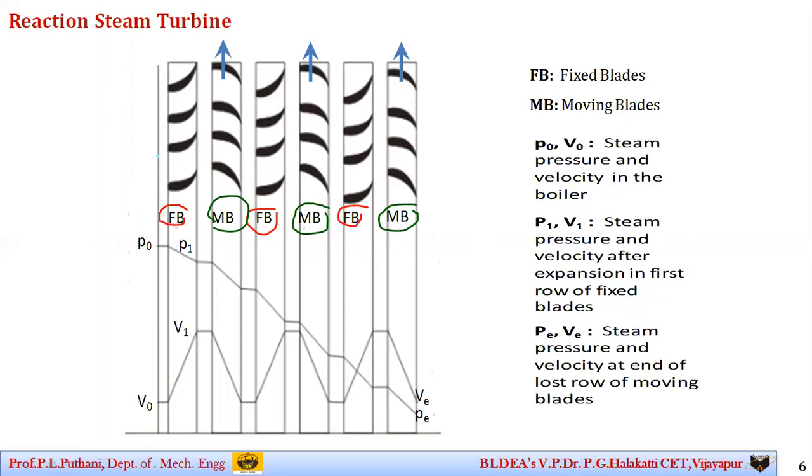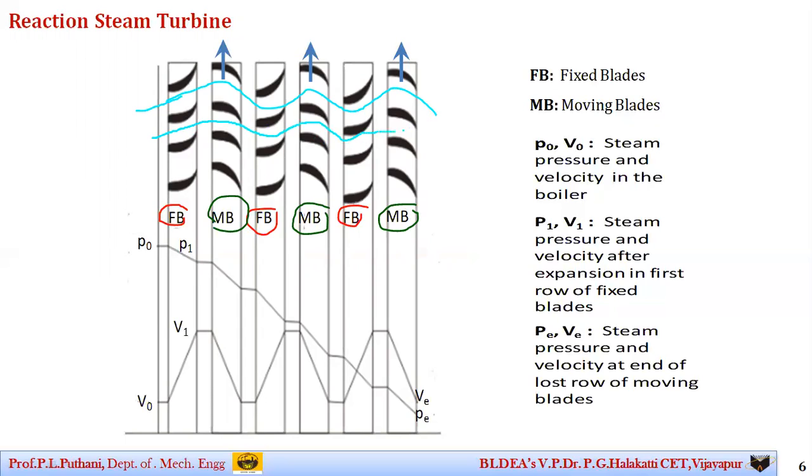Initially, the steam enters the fixed blades, passes through, changes direction in the moving blades, again enters the fixed blades, changes direction, passes through the moving blades, and so on. So throughout these blades there is a change in direction as it passes through the alternate sets of fixed blades and moving blades.